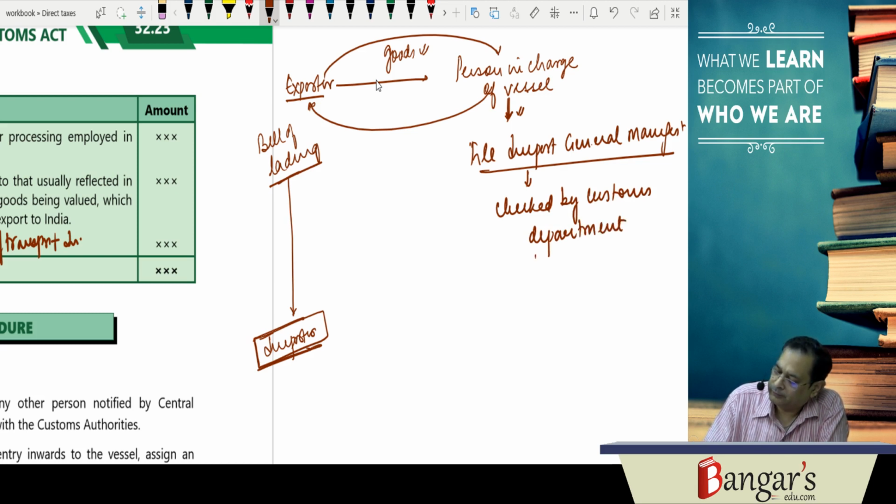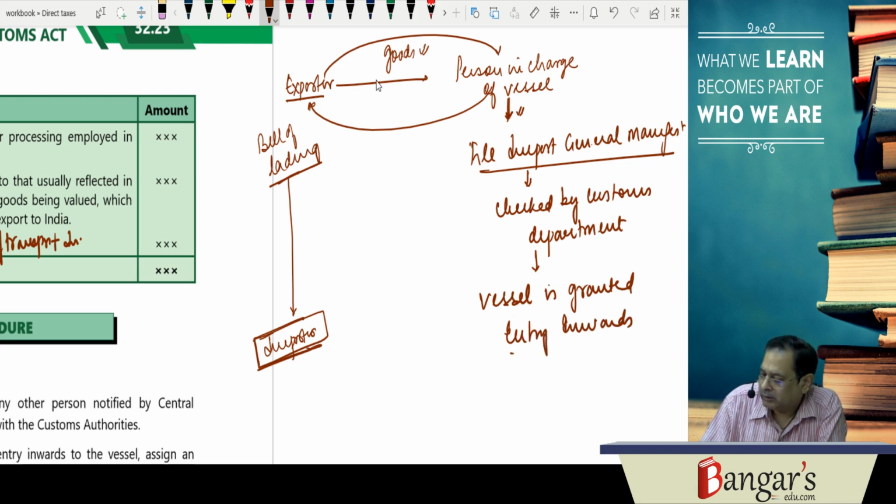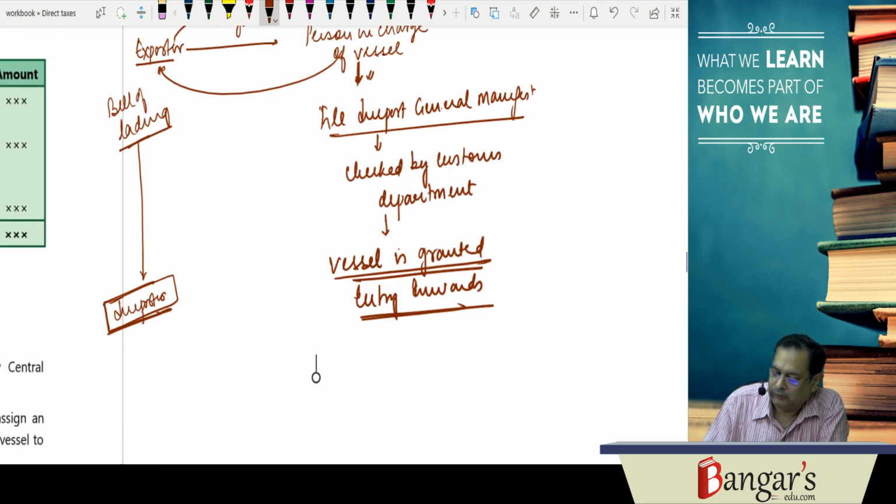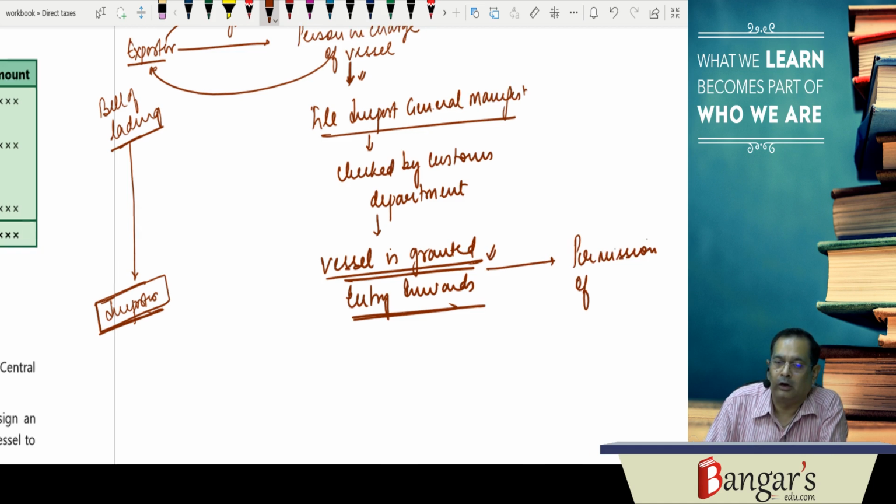And then the vessel is granted entry inwards if everything is found correct. This gives permission for unloading of the goods.